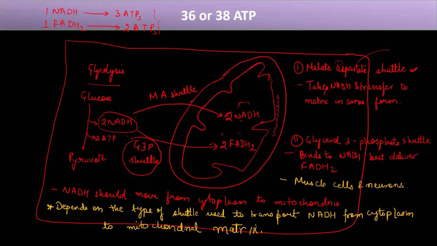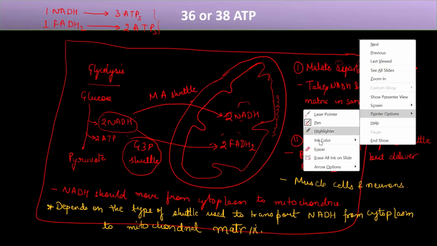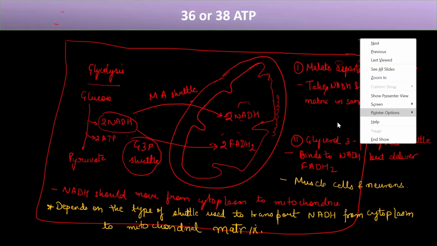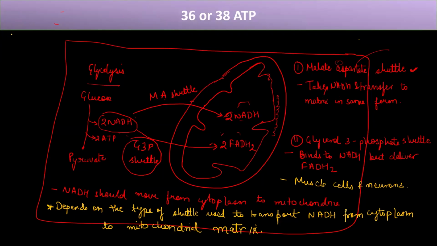All the enzymes involved in the Krebs cycle are present in the mitochondrial matrix itself, except one enzyme known as succinate dehydrogenase. This enzyme is not present in the matrix, but it is attached to the inner mitochondrial membrane.